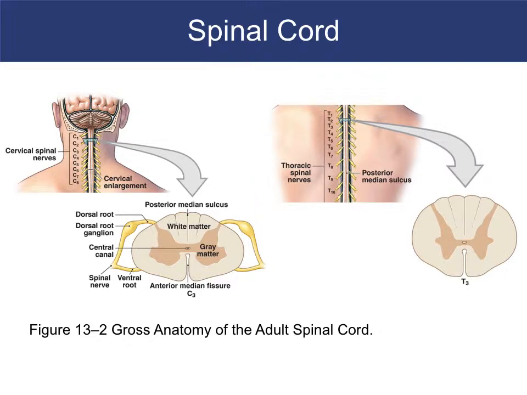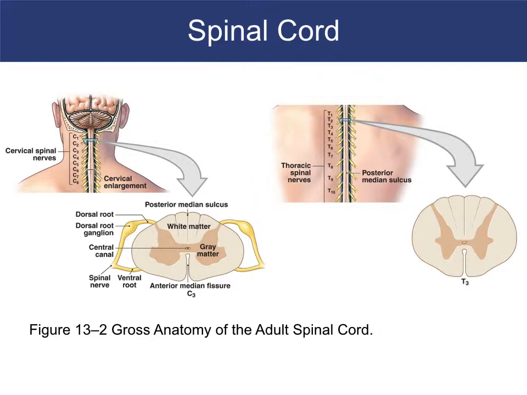The upper end, the dorsal side, the dorsal root, is nothing but sensory fibers. It's just bringing information into the spinal cord and then sending it up to the brain. The lower side down here, the anterior surface, the ventral root, is nothing but motor.